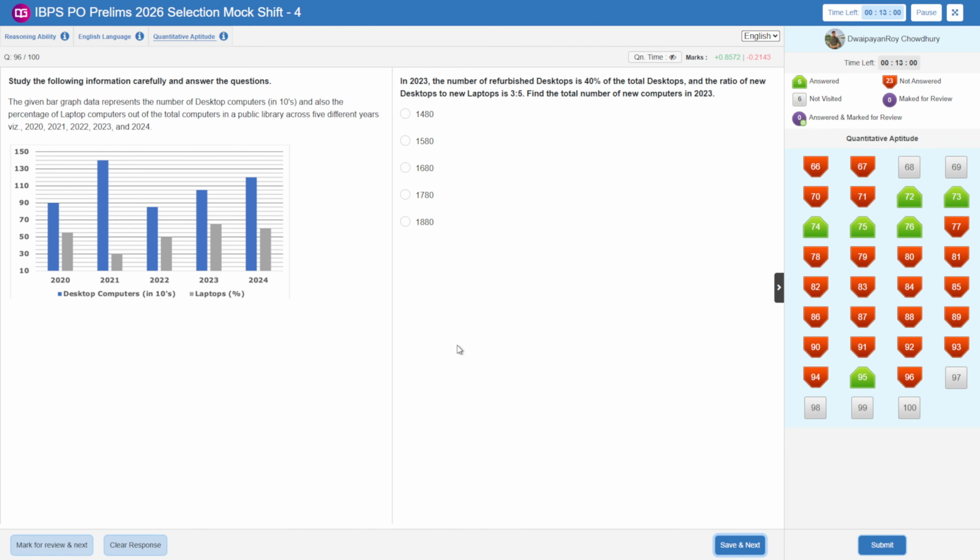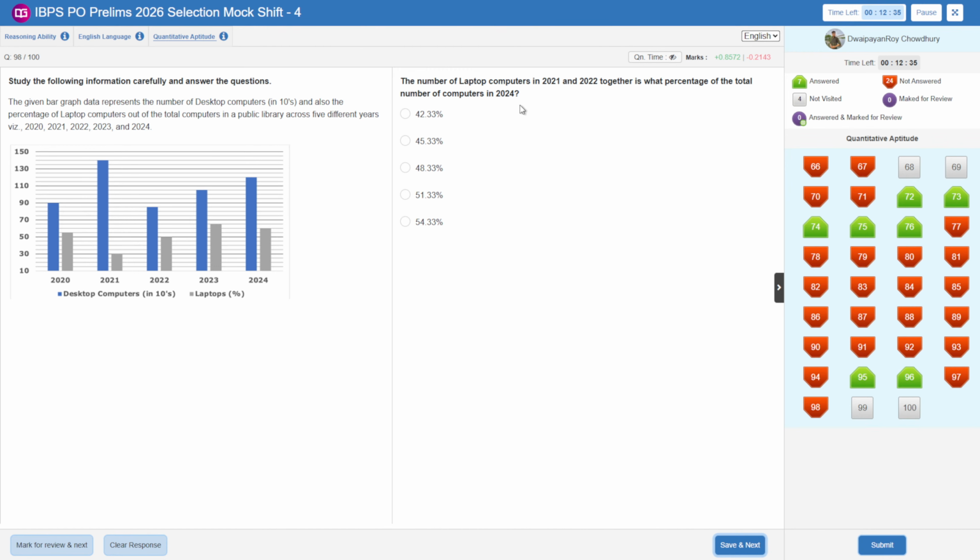Okay, no. So new laptops are going to be 630, which is 3. So I have to calculate for 8. So this is 2, 1. So if 2, 1, so 6, 8. The average of the total number of computers in, okay. Okay, I'm definitely not going to do this.